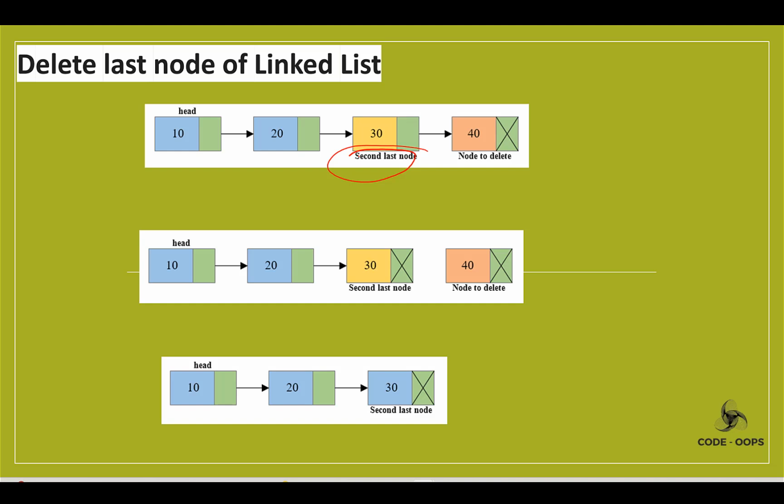If the last node is the head node, that means we have only one node in the linked list. Then make the head node null.